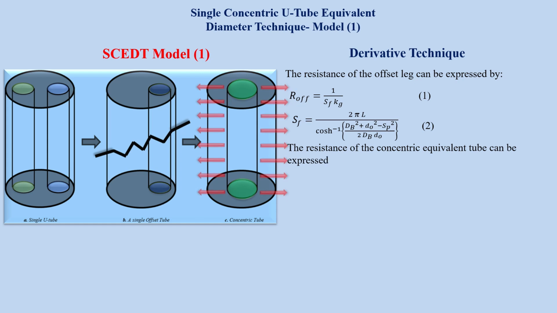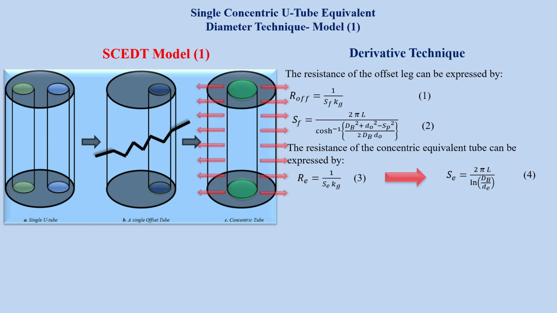We have also a concentric tube which has an equivalent diameter, and this resistance is referred to as R sub E equals 1 divided by S sub E K sub G. And we have S sub E, the shape factor of a concentric tube in a cylinder.